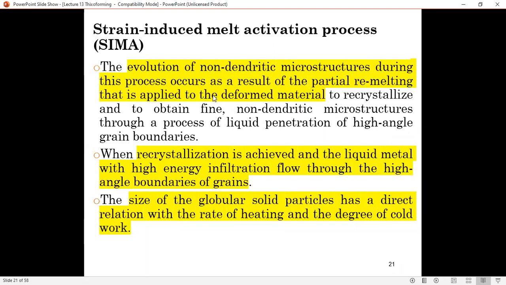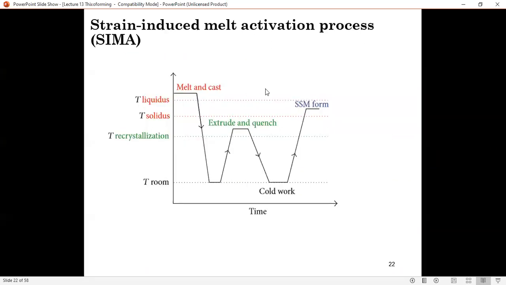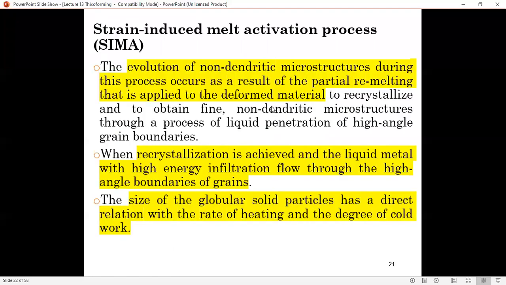When you heat the deformed material above the solidus line, during the cold work all this dendritic microstructure will be broken down, and when you heat it above the solidus line, it will form into a spherical and globular structure.